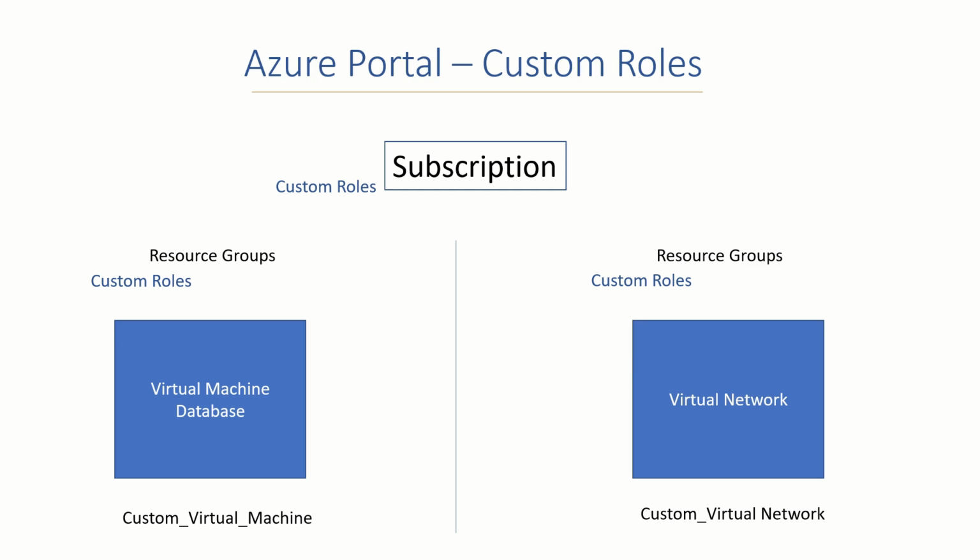So this is the logical understanding of how role inheritance works in the Azure portal, and how a role defined at the subscription level will be available at the resource group level and resources, but how a role defined at one particular resource group will not be available to other resource groups.